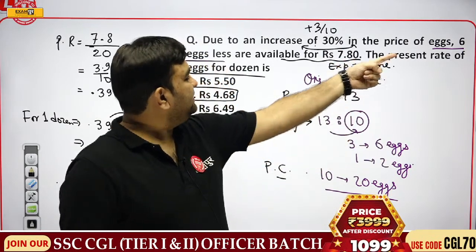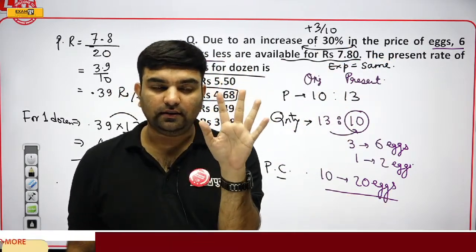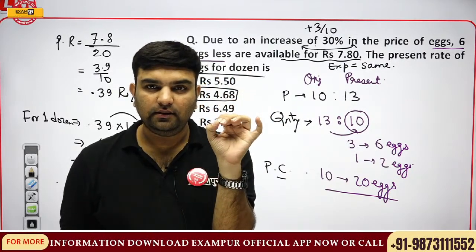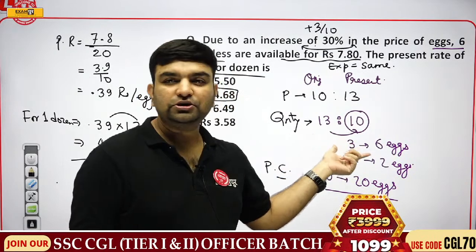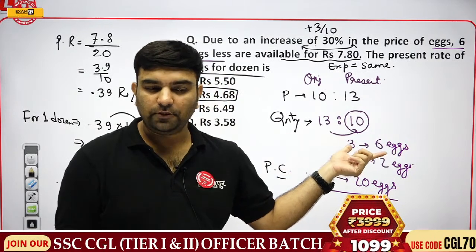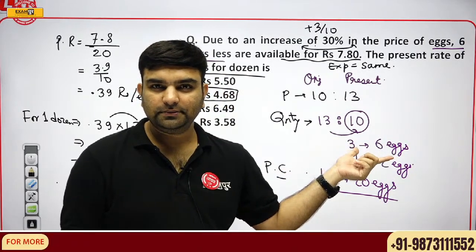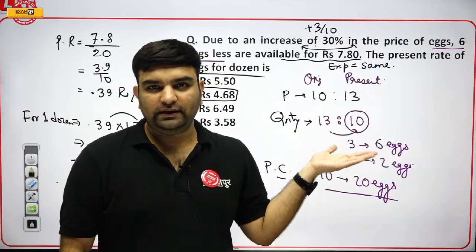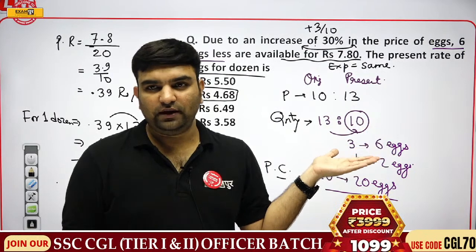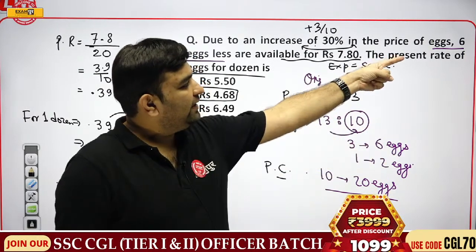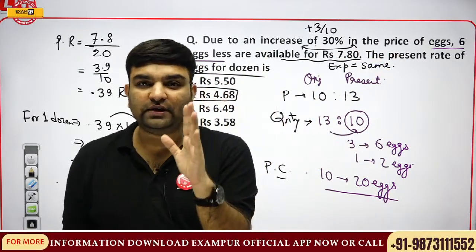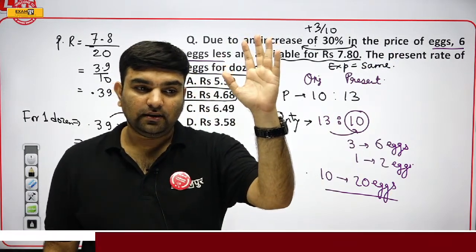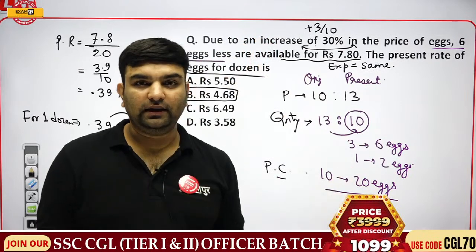If you have taken this 6 egg as half dozen, then you can directly do the question in the dozen. Got my point? But since very few of you can see this, that is why I have not taken that. If you have that much of farsightedness, then you can do it directly as well.